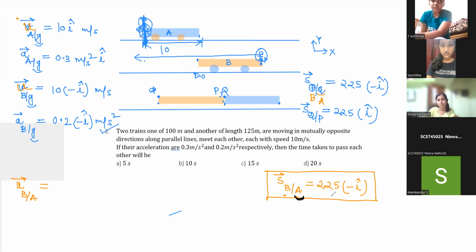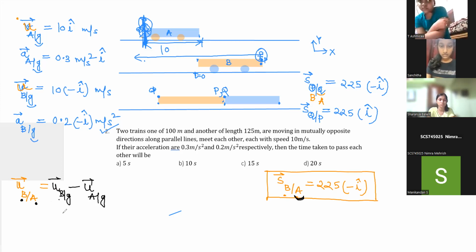So we need to write all the variables, whether it is initial velocity, final velocity, displacement or acceleration, with respect to A only, if you are taking A as a reference point. If you take B as a reference point, you have to write U, V, everything with respect to B. So what is UBA? It will be UBG, the first term, minus the velocity of the second term, which is UAG.